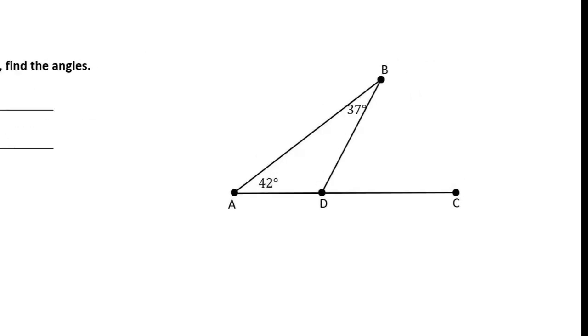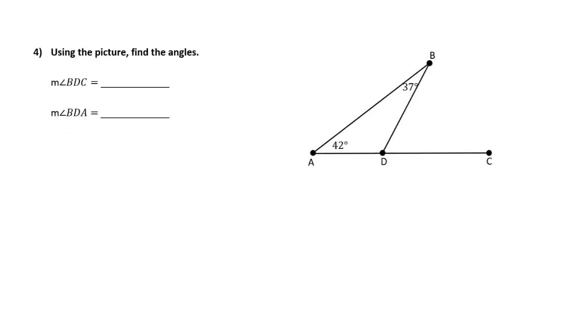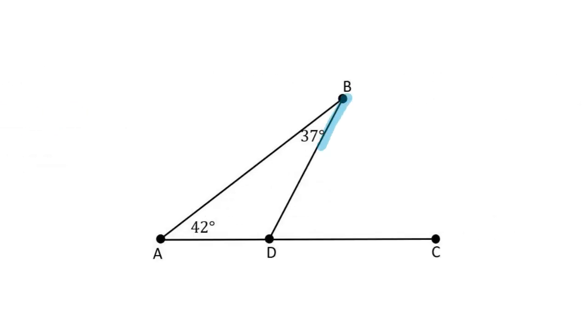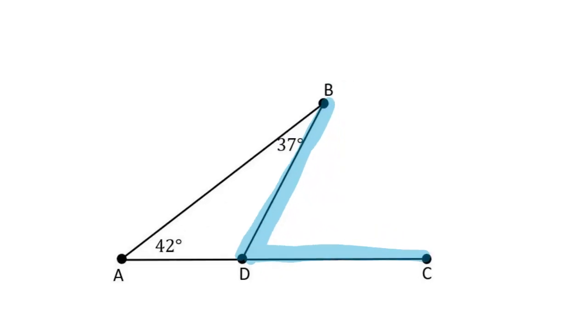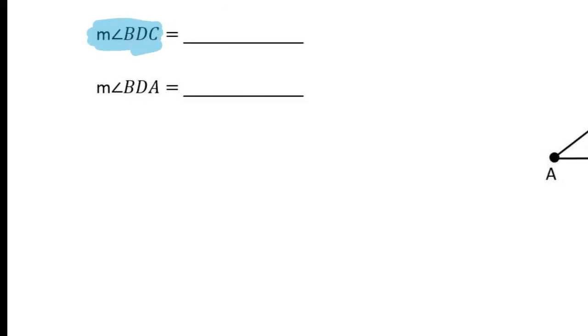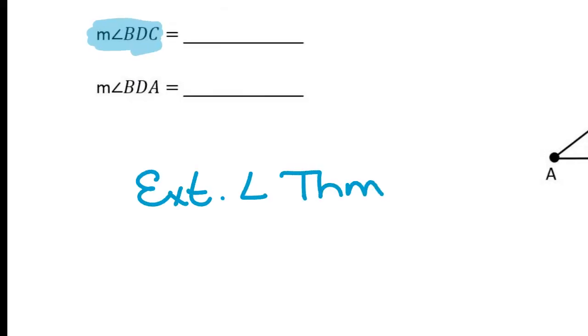Using the picture, find the angles. So the first thing they asked me to find is BDC. B down to D and over to C. Is that an inside angle or an outside angle? Outside. What do we call outside angles? Exterior. And we just spent a couple minutes talking about the exterior angle theorem.